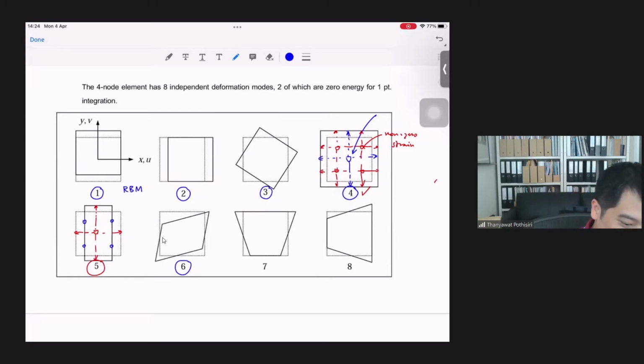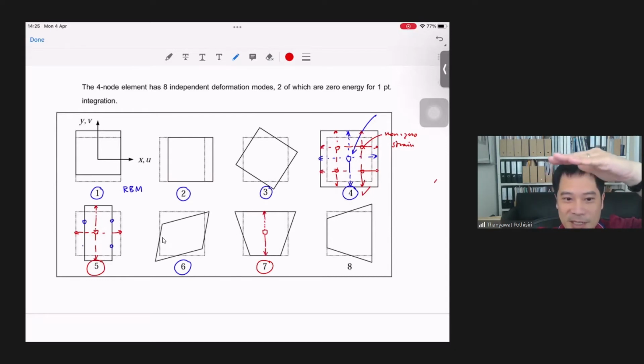Now, for the 7th mode, what happens if you use 1-point? You see that under this deformation shape, the strain here is 0, right?